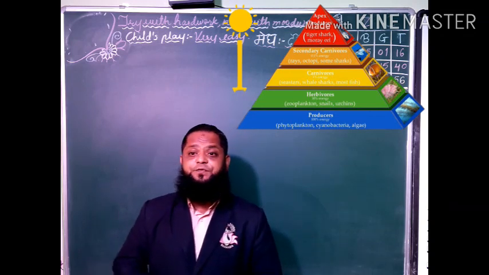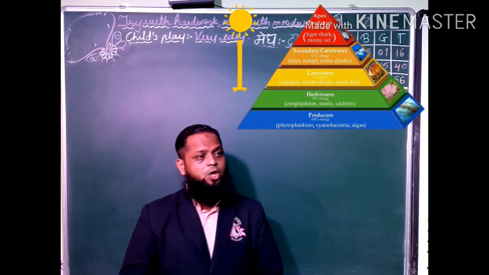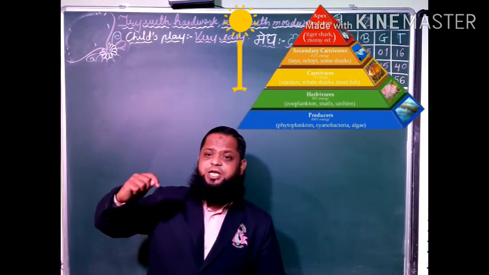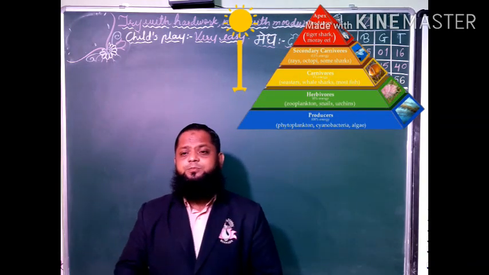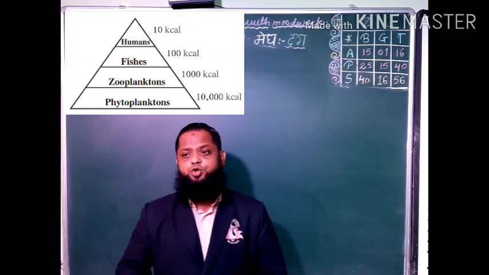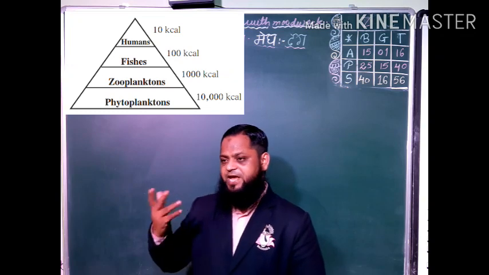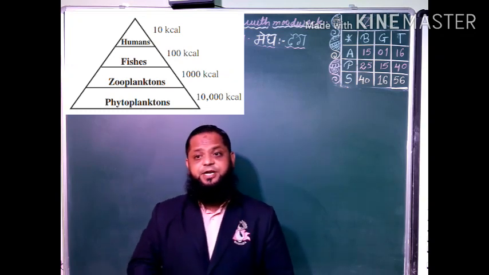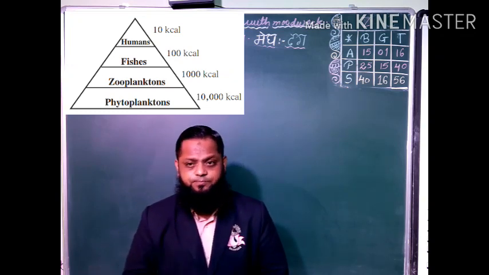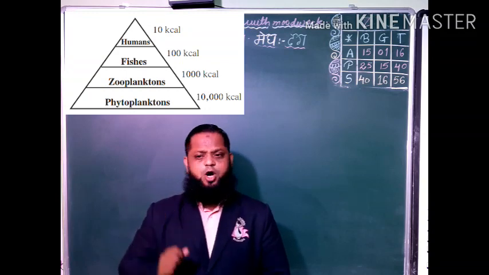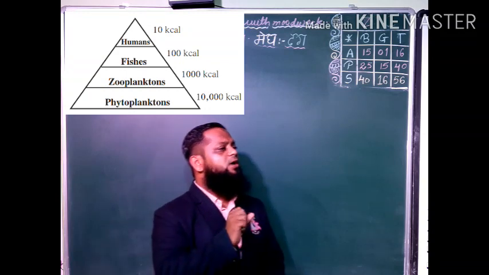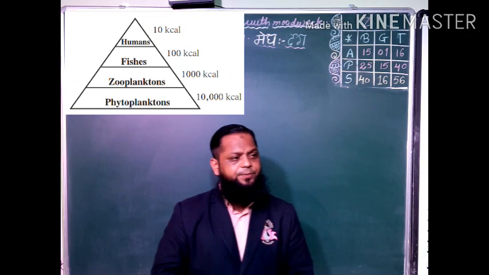Zooplankton acts as food for the fish. So if the energy transferred from zooplankton to the fish is only 100 kilocalories, where is the other 900 kilocalories of energy? In the fish body, 100 kilocalories of energy is stored.